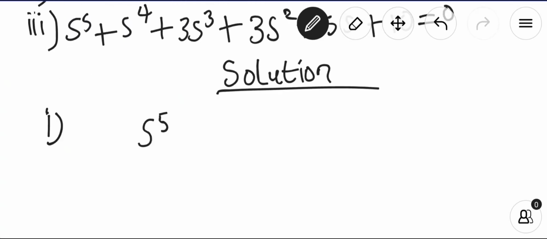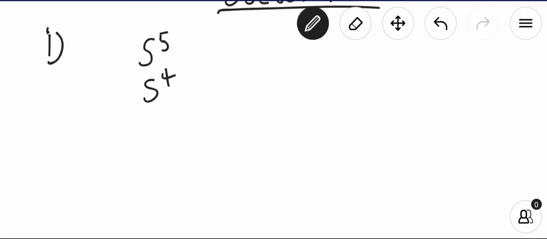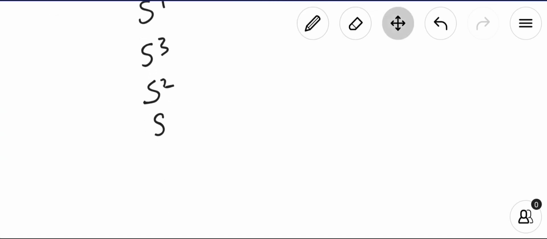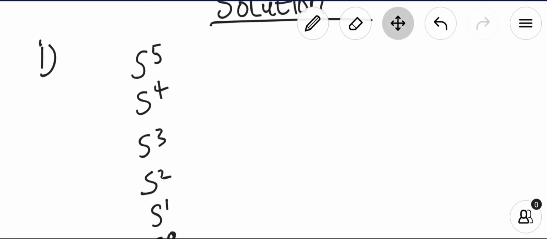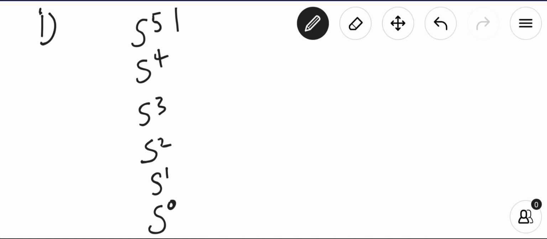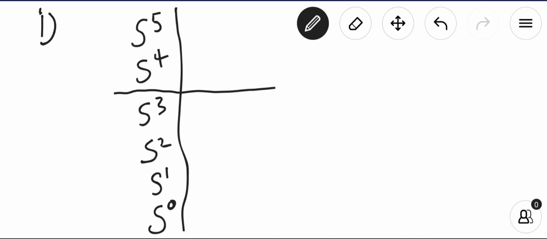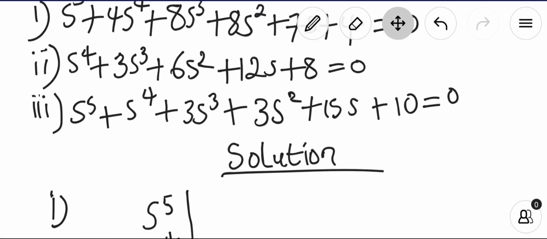Start from the first power and keep going down: s cubed, s squared, s, and s to power 0. Now we start from here. Just follow me. This is a pattern.